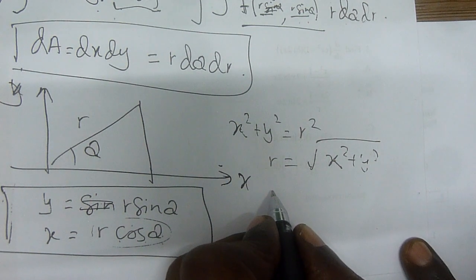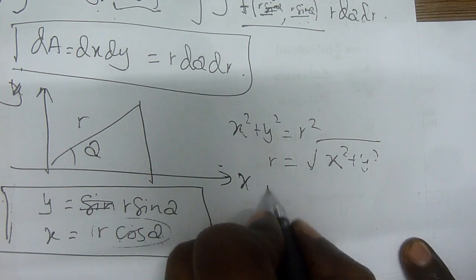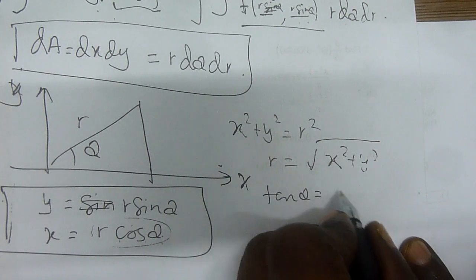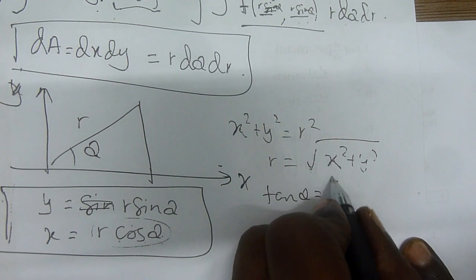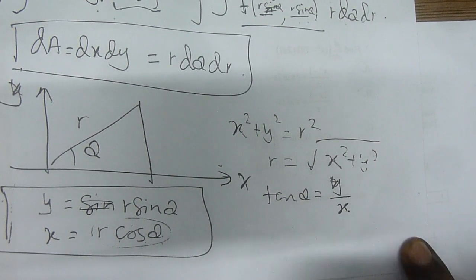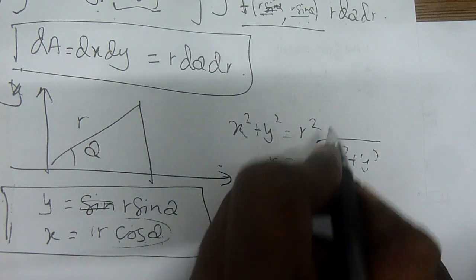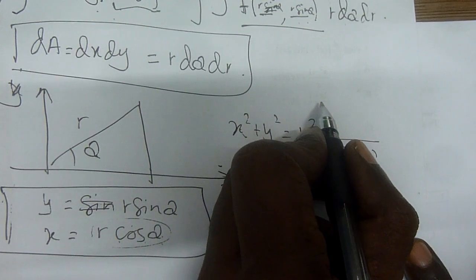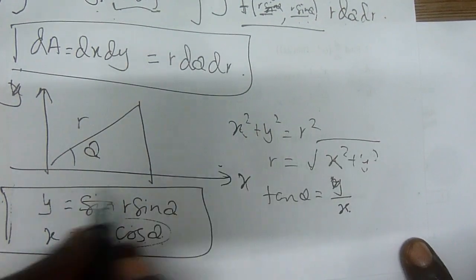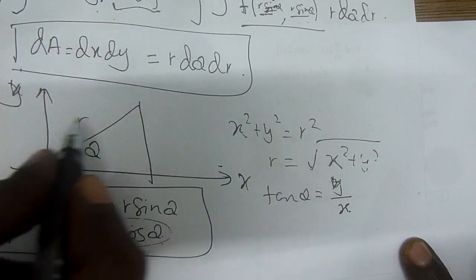And theta, tangent theta can be y over x, and as you know, this is the hypotenuse. We use the hypotenuse to calculate from x and y.